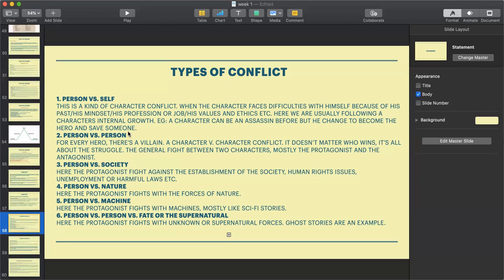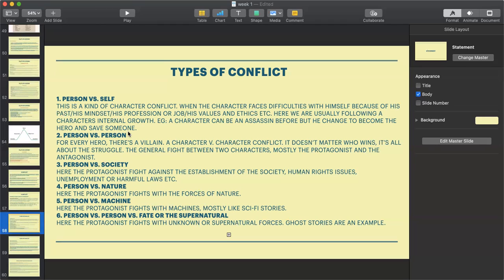But when he became Iron Man, he wanted to change himself. He thought that, okay, let me do good for people. Got it? So this is an example of person versus self. So Iron Man, this Tony Stark, had that conflict within himself, that he now doesn't want to be a selfish person. He just wants to do good for others, right?